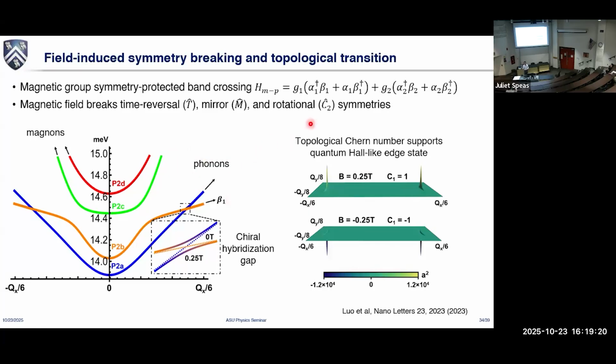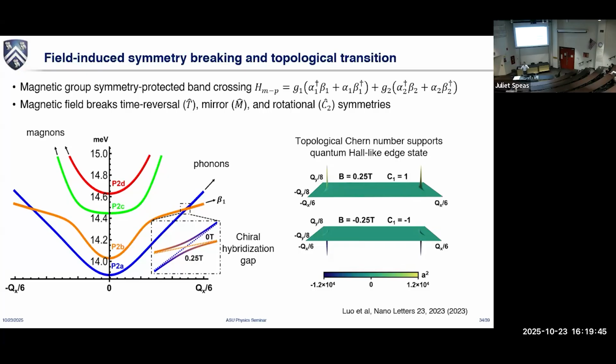So the idea is that in this material, because of the symmetry, we have symmetric phonon and magnon modes, and antisymmetric phonon and magnon modes. Typically these are two groups that don't talk with each other. So that's why there is a protected crossing. And then you don't have to put in any phonons and magnons.